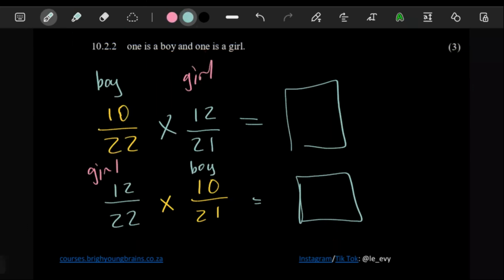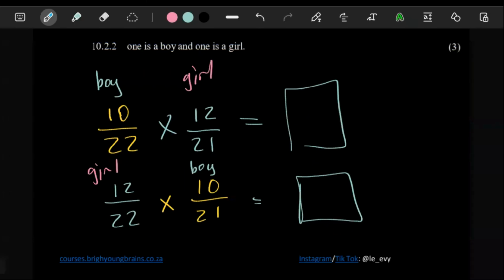Those are two scenarios that can happen if you choose one boy and one girl. So us knowing that, we need to keep in mind that whatever this is, it's going to give us an answer. Whatever this is, it's also going to give us an answer. So the probability of one boy and one girl will be these two numbers put together.